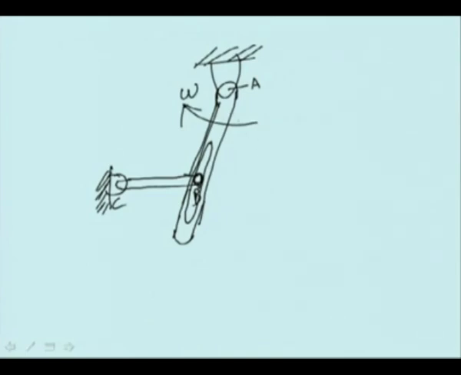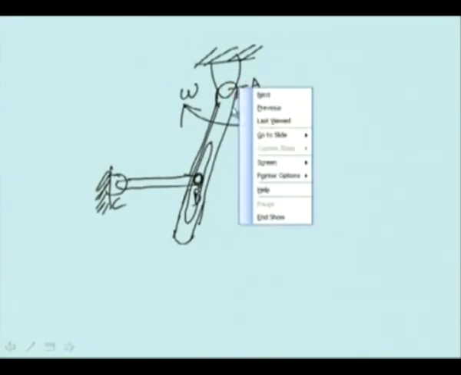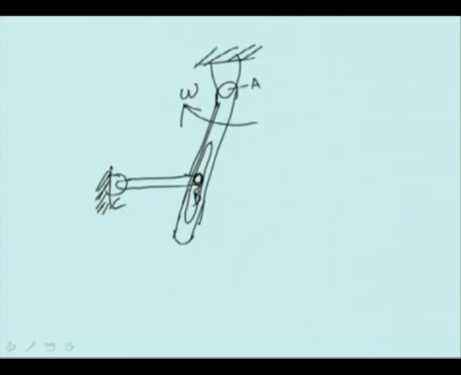In this case, you can attach one axis system on this rod, which is rotating, and then you can have VB equal to VA, which is 0, plus omega cross R plus VL. At this stage you know the relative velocity direction, along this line, but you do not know the magnitude.